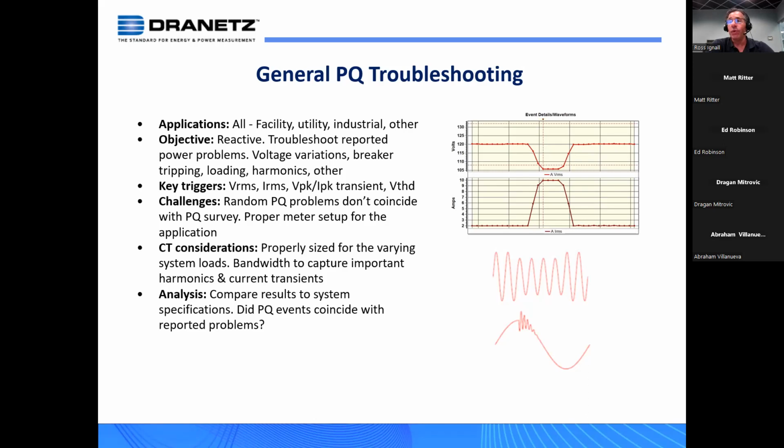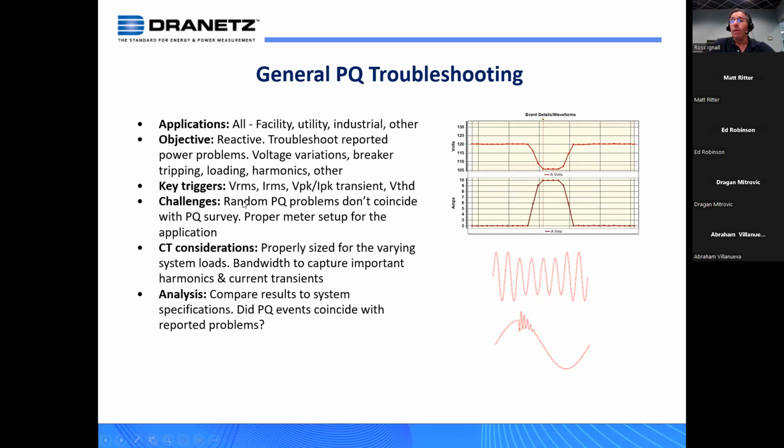And again, triggering on RMS current is very challenging due to the fact your loads are varying all over the place, and you got to get those limits right. It can certainly work fine, but you get many triggers a lot of times if you're not set up properly. And you can have other triggers and peak transients. You're looking for transient issues, switching, contactor issues, lightning, things like that. And also THD would be important if you're looking for harmonic compliance.